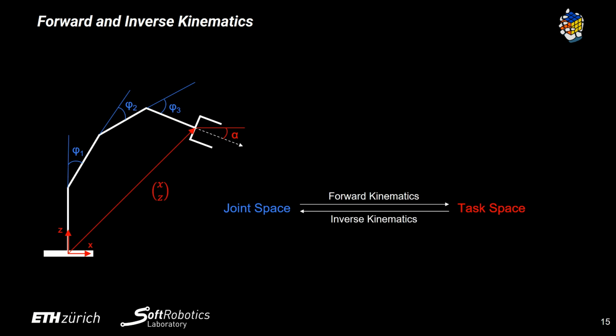The inverse kinematics, as the name suggests, gives the joint angles as a function of the end effector configuration. It is used when you know the desired end effector position and you want to find the joint angles needed to achieve this. This diagram on the right side gives you an idea of the relationship between forward and inverse kinematics between joint and task space.